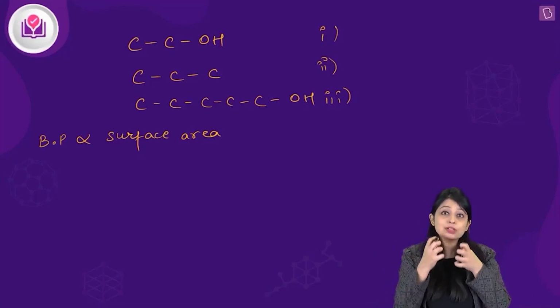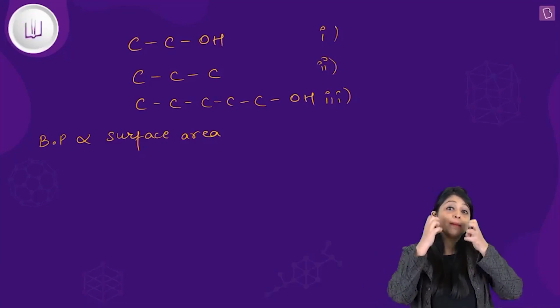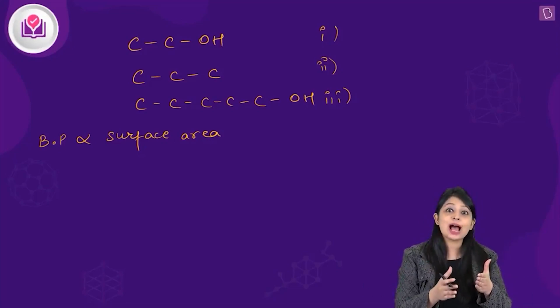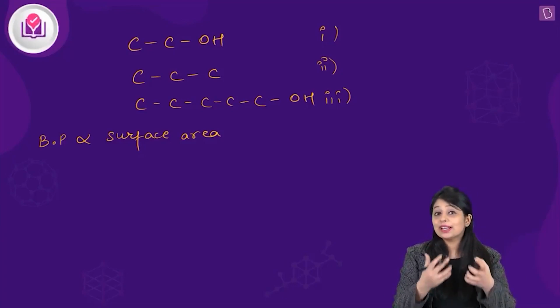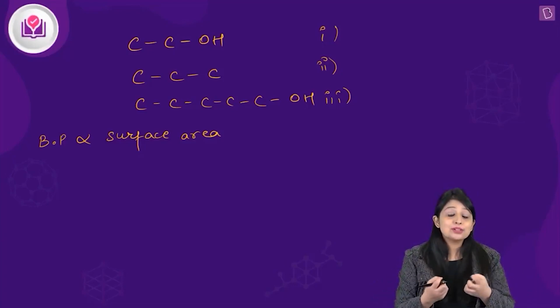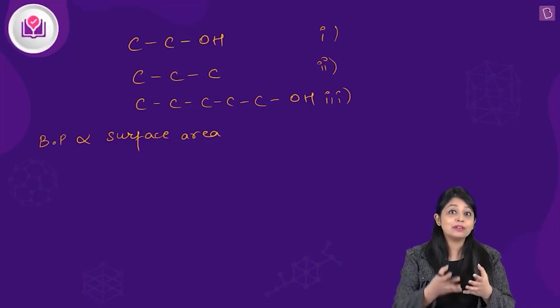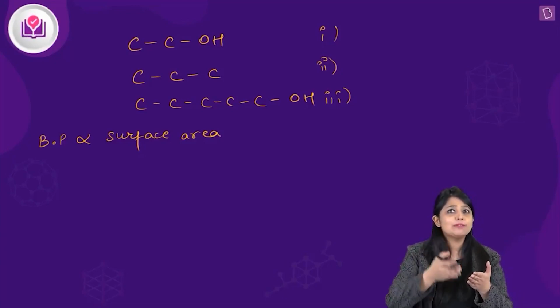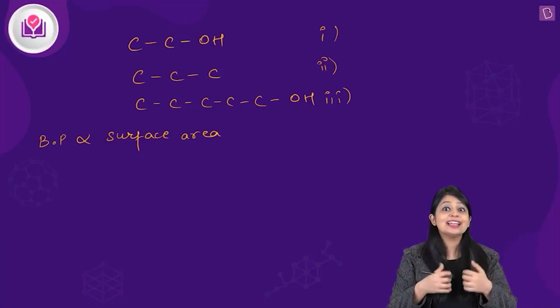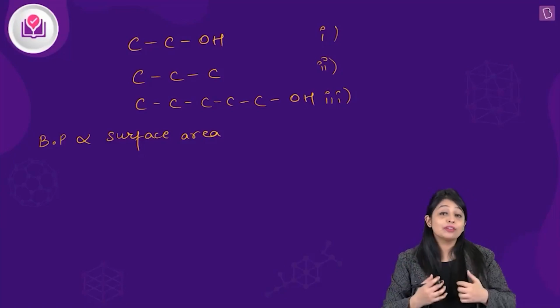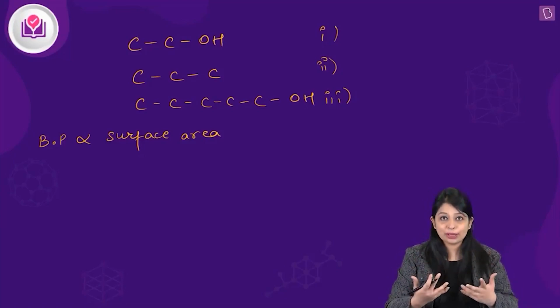Okay, more the forces of attraction between the molecules, more energy you'll have to give to break those interactions. And more energy, how do you give? Through temperature, through heat. If more heat is to be given to break those intermolecular forces of attraction, then that makes it a high boiling point, right? Because you have to give it more heat, high temperature.